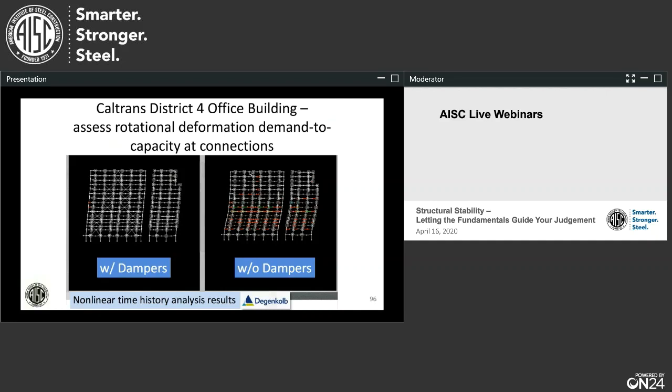By the way, I understand some of that connection research was done by Chia-Ming Uang at UC San Diego, who I mentioned had also won the Higgins Award. But on the right, you can see without the dampers, they were going to have to retrofit a lot of the connections. So using very sophisticated nonlinear time history analysis, they were able to land in a good place and convince themselves and their owner that they should install viscous dampers.